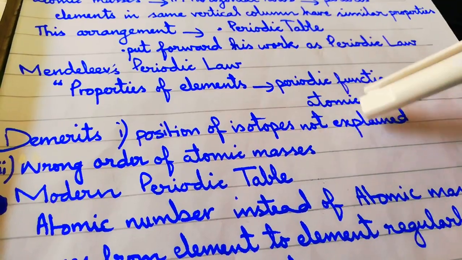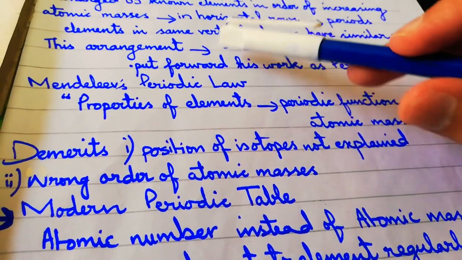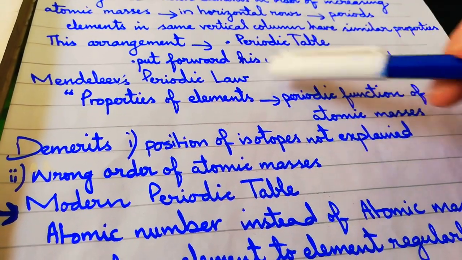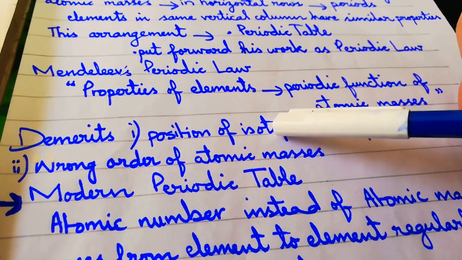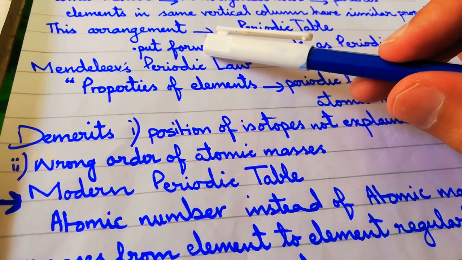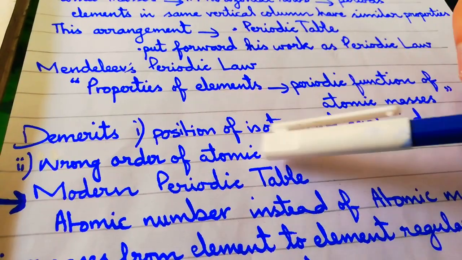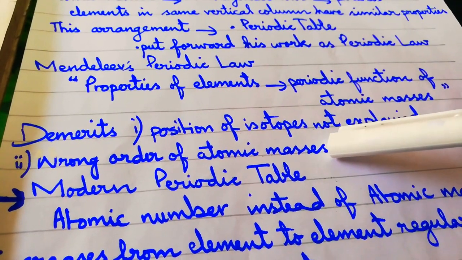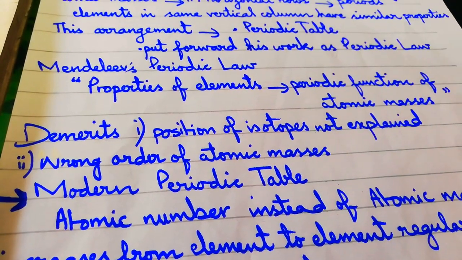So because of this point, this concept of Mendeleev was rejected. And the second point is that some elements had the wrong atomic mass, and because of this there would be a problem in the arrangement.